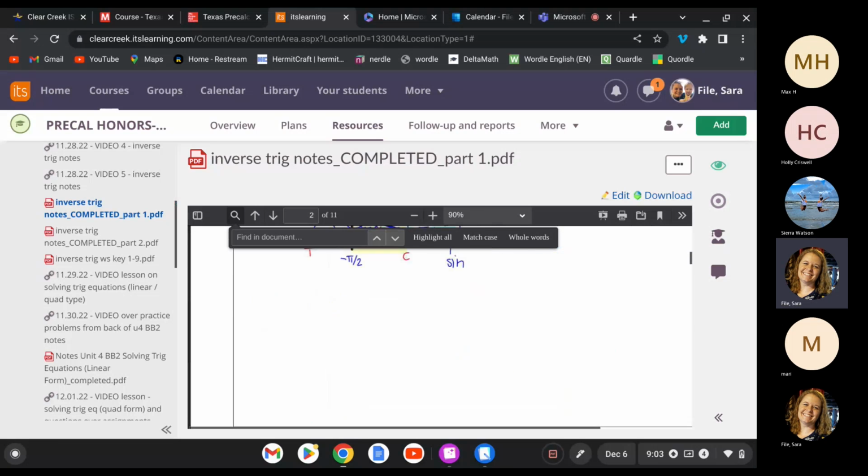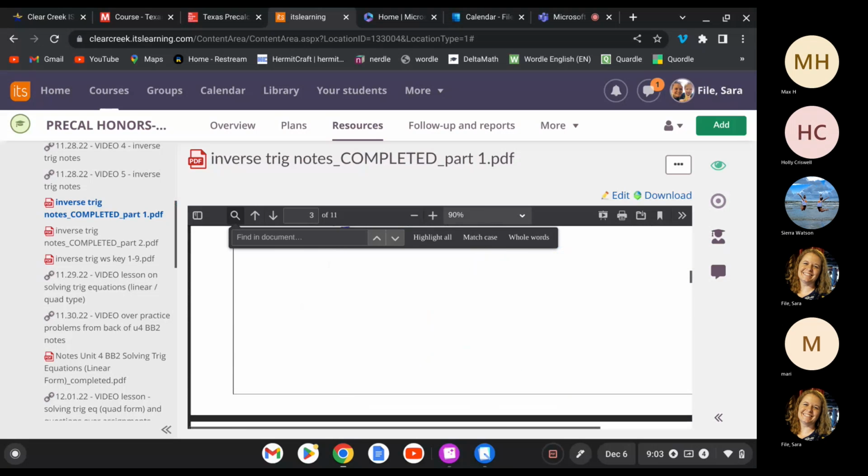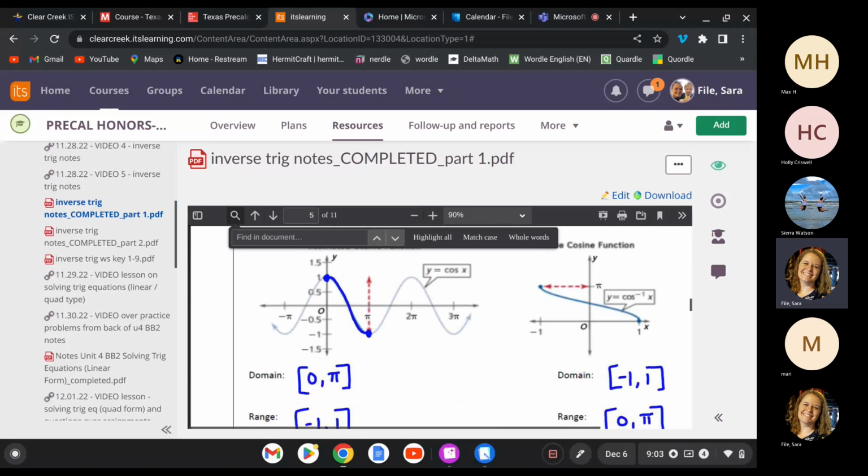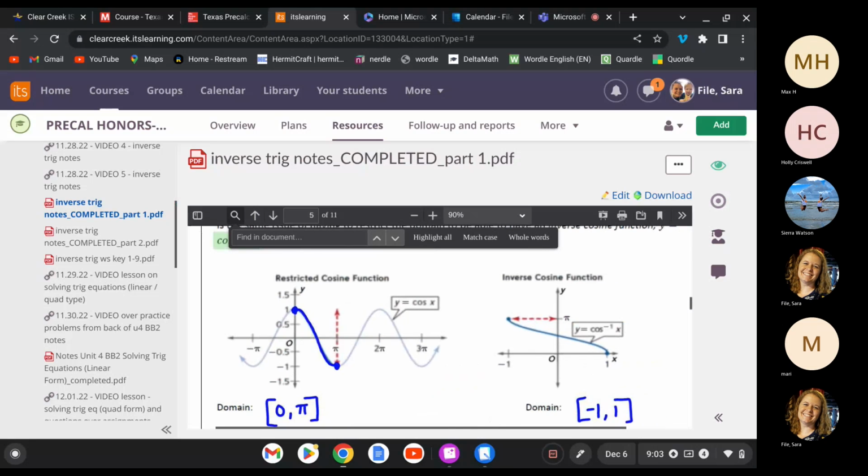And then we talked about the same thing with inverse cosine. Here's that one. The cosine graph on the left, we have to restrict to just this piece outlined in blue so that it would pass the horizontal line test so that the inverse is a function. If I switch that again, what was the range -1 to 1 becomes the domain, left to right, -1 to 1.